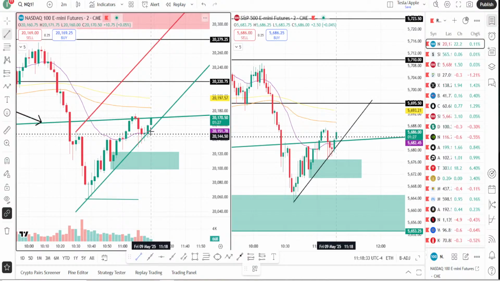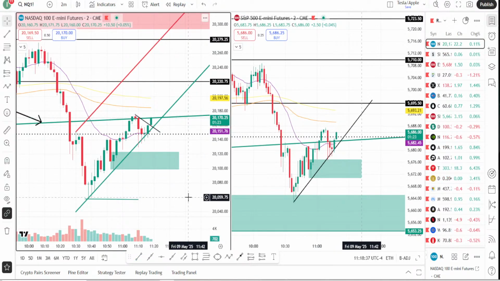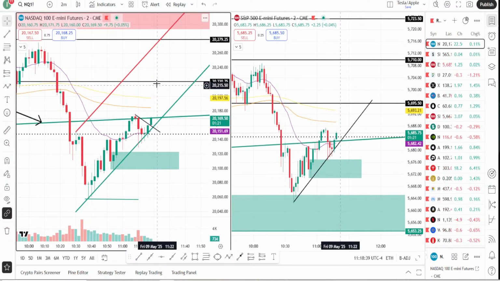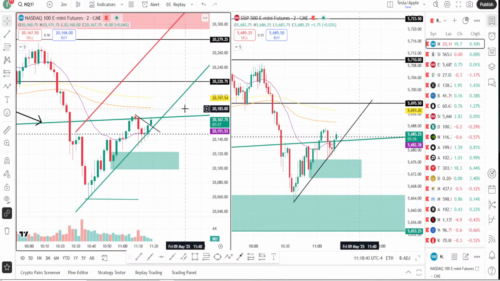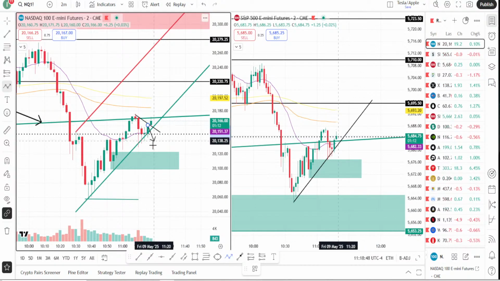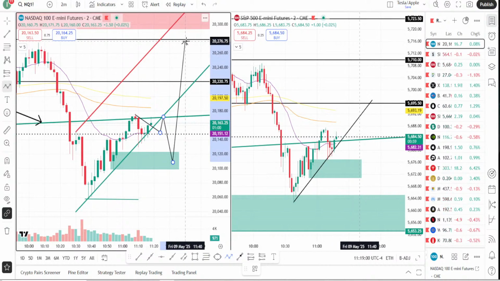Okay, if we get a close above, this could start to push up. This could really start to push up. Like I said, I would have preferred if it came down here first and then started to push, because then what could happen is they could fake this move higher and then drop it and then bring it up.